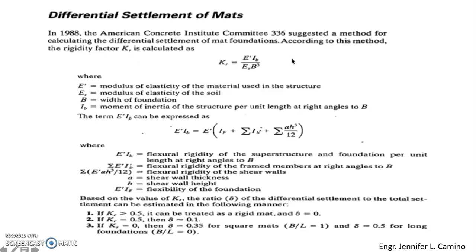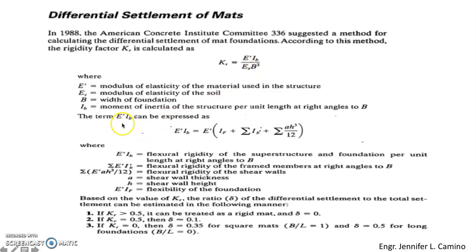According to this method, you're going to compute for the K sub R, which is our rigidity factor, and it is equal to the modulus of elasticity of the material used in the structure multiplied by the moment of inertia of the structure per unit length at right angles to B, all over the modulus of elasticity of the soil multiplied by the cube of the width of the foundation.